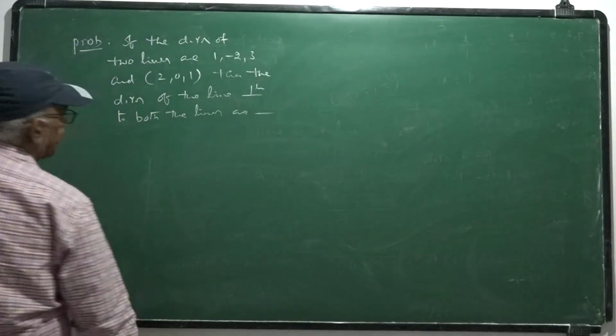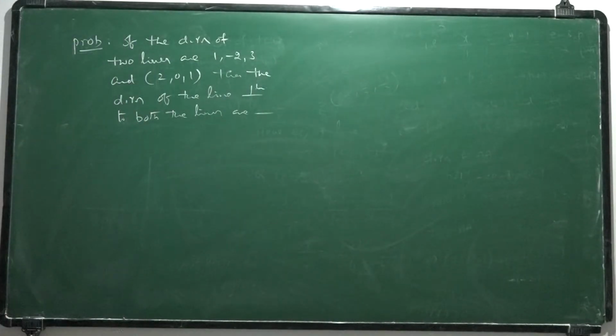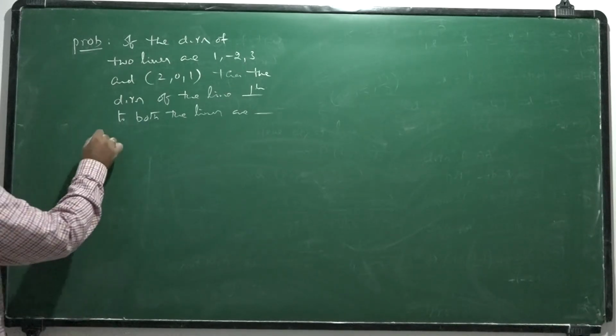Once DRs of two lines are given, we find the DRs of the perpendicular line to both the lines.